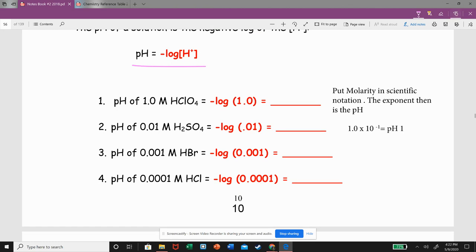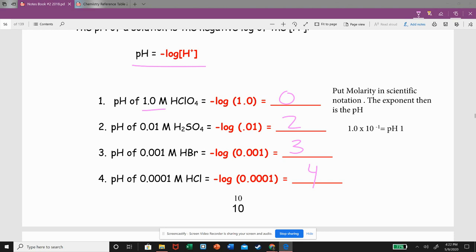No big deal. So if I have a 1 molar solution and I put this into the calculator, the minus log of 1 is 0. Now if I have 0.01 and I do the minus log in the calculator, this is 2. If I do the next one, 3. If I do the next one, 4.